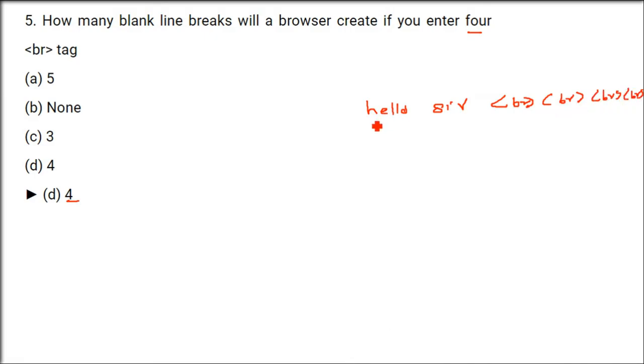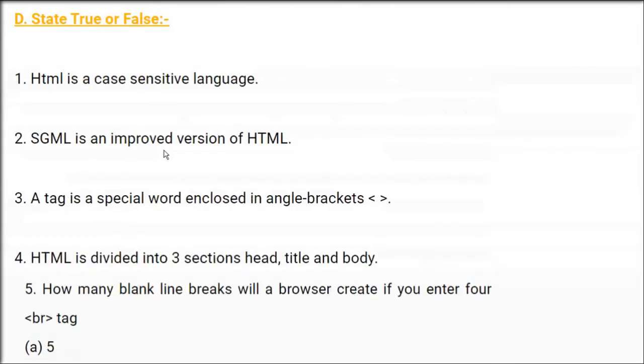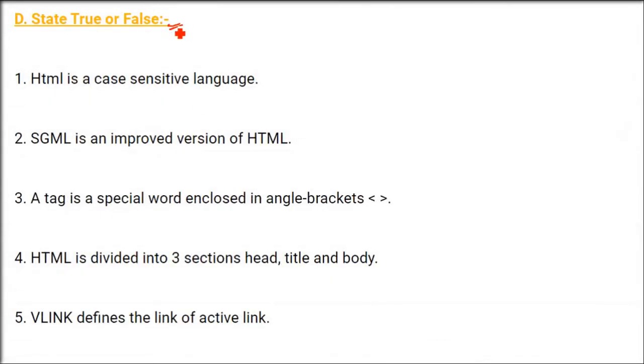It is only one tag. So 1, 2, 3, 4. 4 lines will be shown here, 4 lines will be free. And then whatever you have written after this, as I said, how are you, this how are you will come after 4 lines. 4 blank lines will be created by this BR. Please know that there is no /BR.